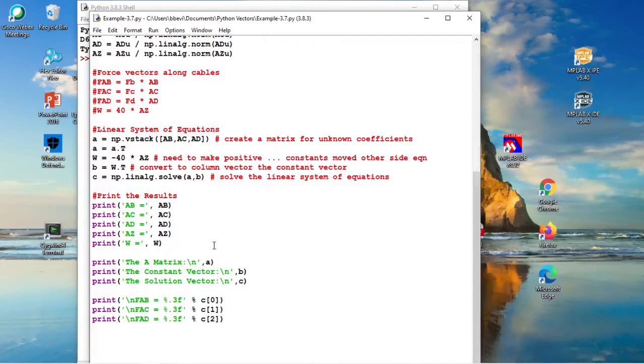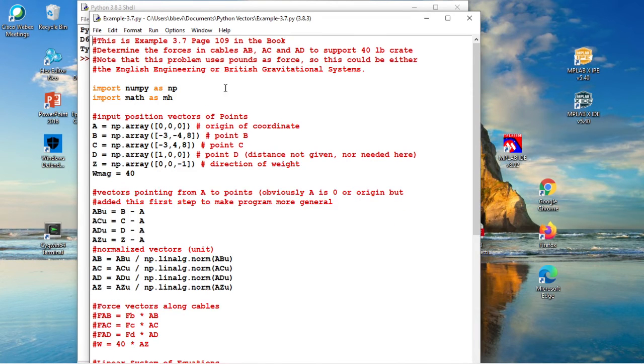The results will be down here: X, Y, and Z are the FB, FC, and FD values. And yeah, here I'm just printing the results. So let's go and look and see what we get.